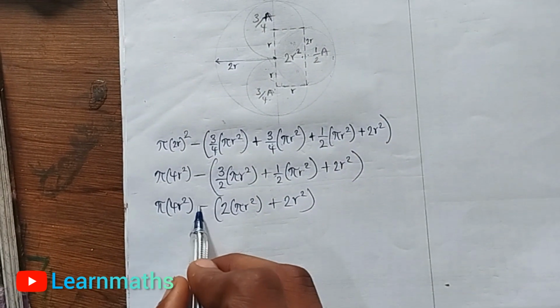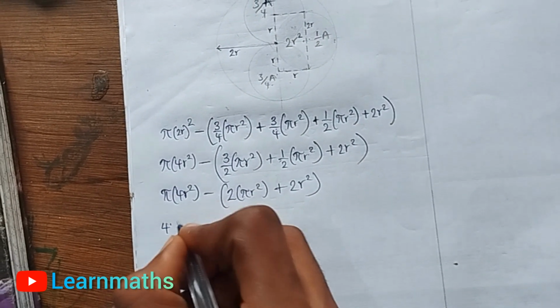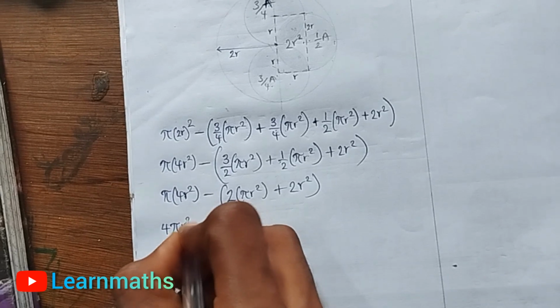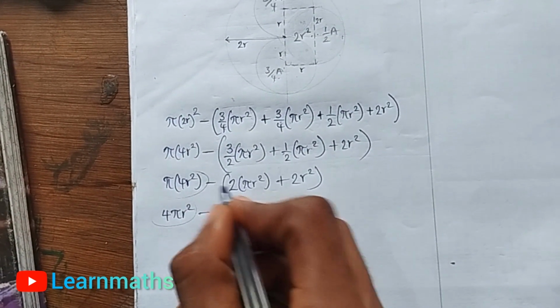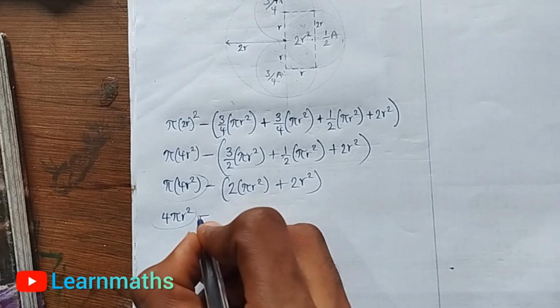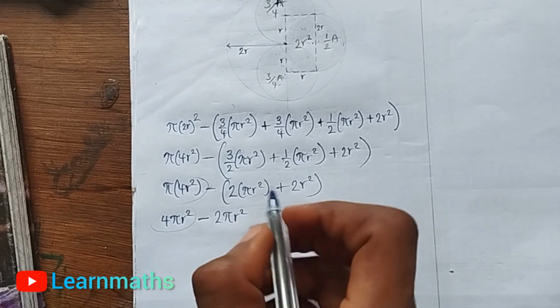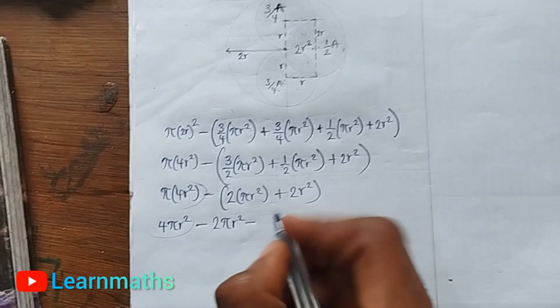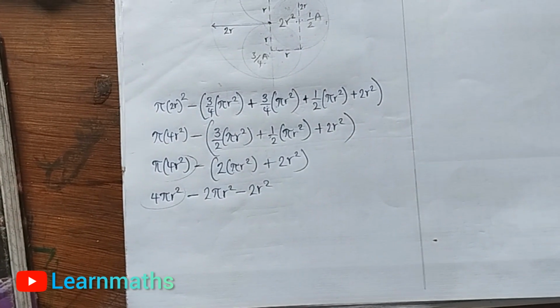I'm going to open the bracket with the subtraction sign. This is 4 pi r squared. It's the same thing as this, right? I'm going to open this bracket with the negative sign. So I'm going to be minusing 2 pi r squared, and I'm also going to be minusing 2 r squared, right? All right, we're getting to the final answer.